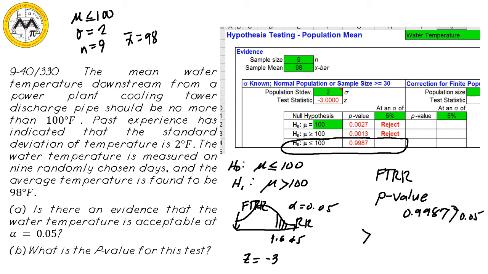If it is greater than alpha, we fail to reject the null hypothesis. If it is less than alpha, we reject the null hypothesis. For this case, we fail to reject the null hypothesis, so mu is less than or equal to 100. The p-value is 0.9987.